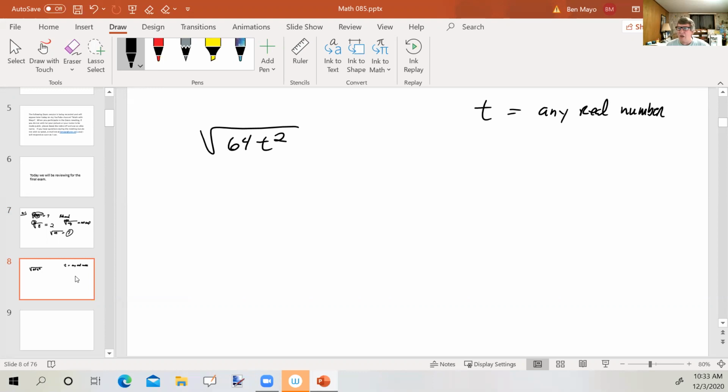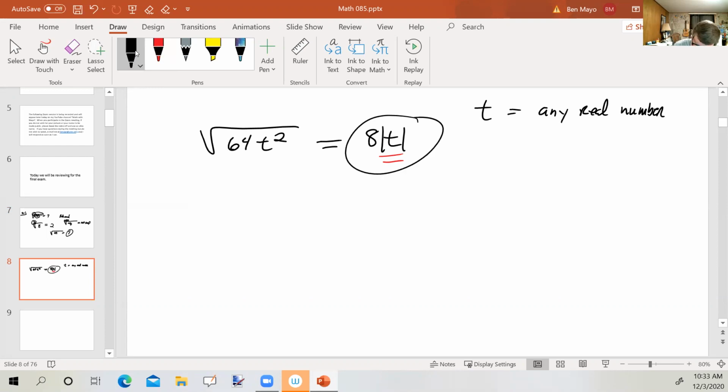So t can be positive or negative or 0. Well, in that case, the square root of t squared is t. But if t is a negative number, we would be giving an answer involving a negative number. So what we need to do is put absolute value bars around the variable to assure us that it is not a negative answer.